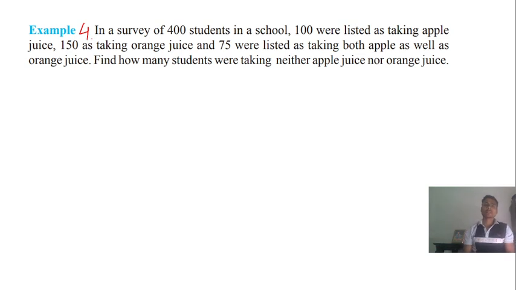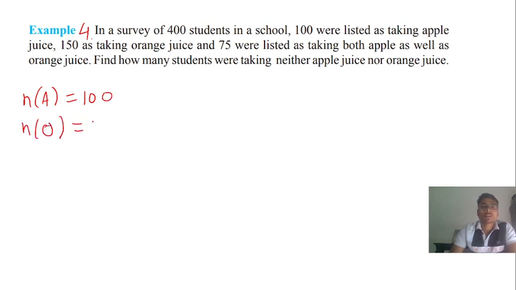In a survey of 400 students in a school, 100 were listed as taking apple juice. The number of students taking orange juice is 150, and the number of students taking both apple and orange juice is 75.